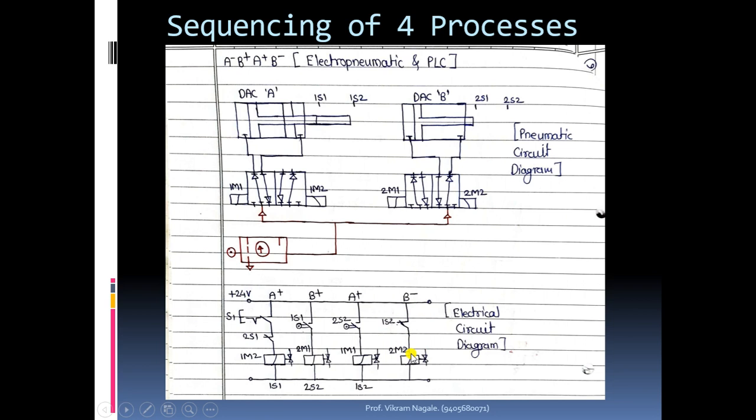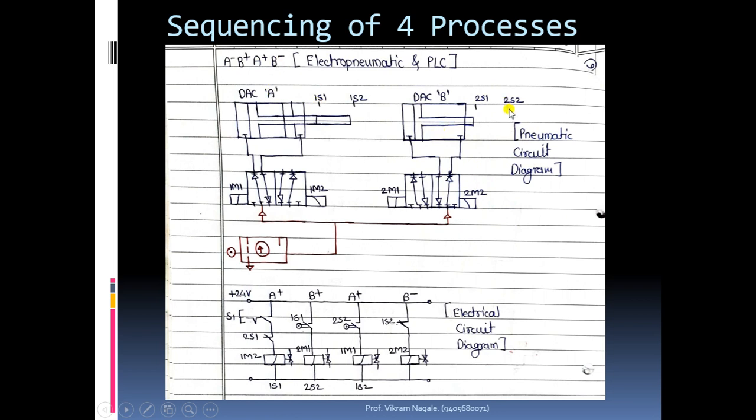So what is happening there, या साईडचा प्रेशर रिलीज होतो लेफ्ट साईडचा, and then after completion of third process the coil is energized, and because of which last process will start, that is B minus.